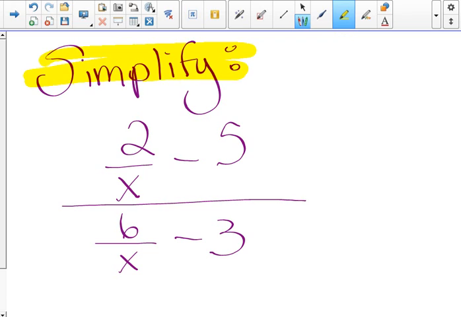So you're going to simplify this fraction: 2x minus 5 over 6x minus 3. So we just worked 3 problems just like that. So simplify this, and it's just what we were doing, okay? So don't panic and make it something different. Right?